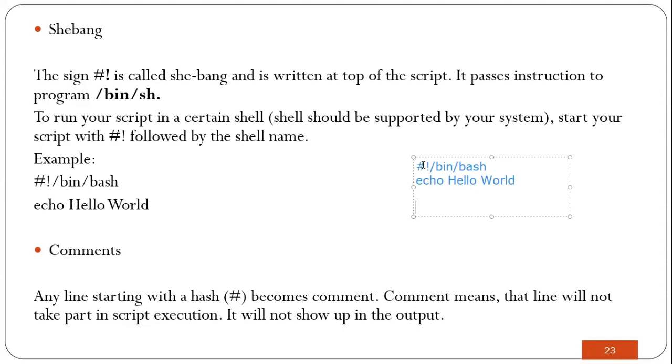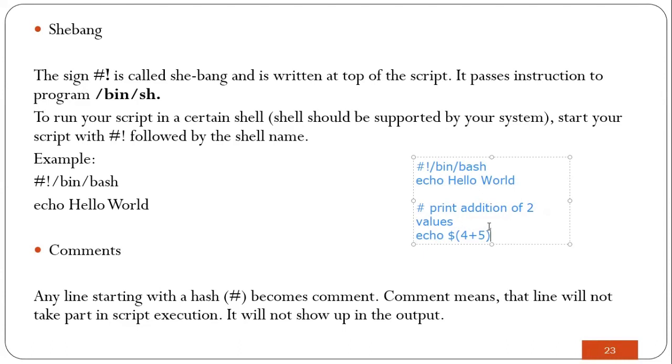To help others understand, I will add a hash and add a comment over here: addition of two values. So here I'm writing the command echo $((4+5)). This will return me 9.